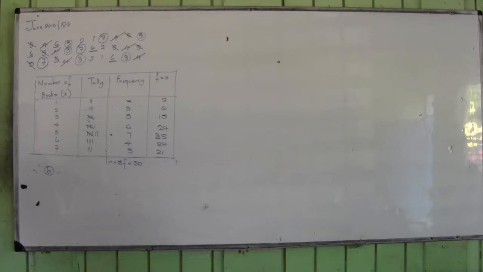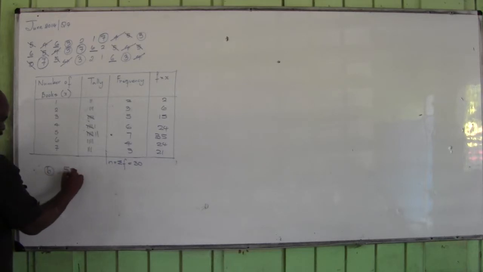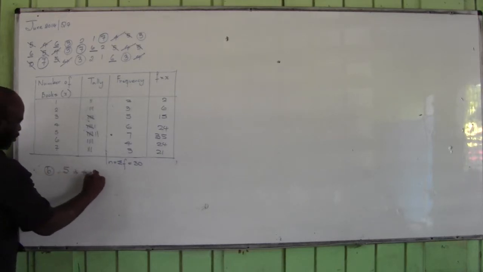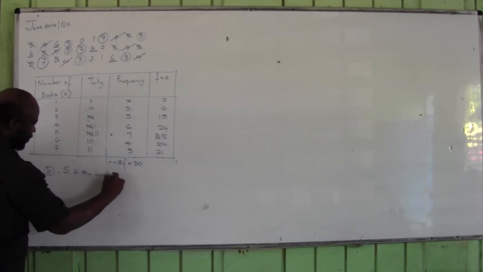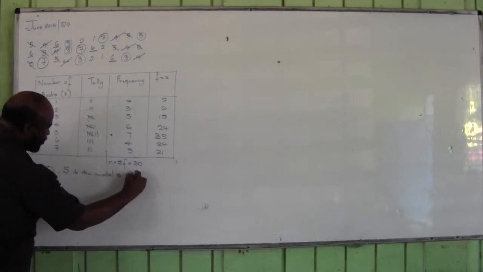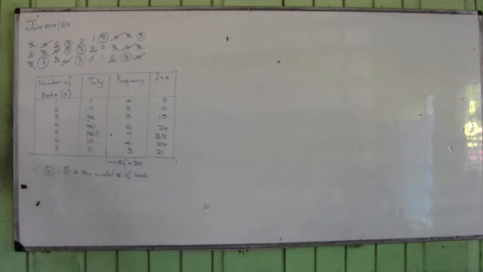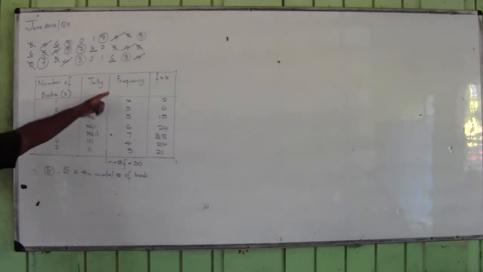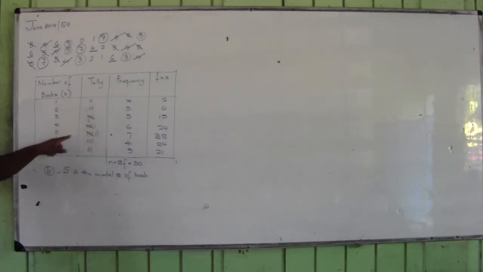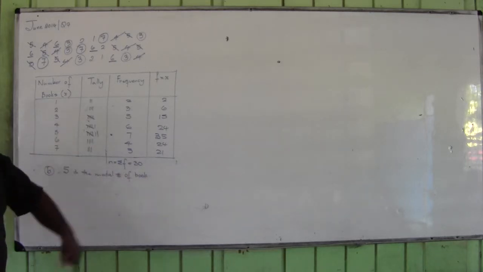What is the modal number of books? 5 is the modal number of books. Ladies and gentlemen, the mode is the value with the highest frequency. What is the highest frequency? 7. And it corresponds to how many books? 5. 5 is the modal number of books.